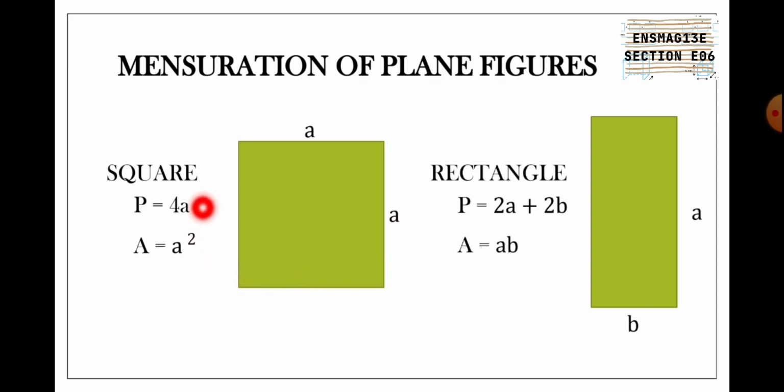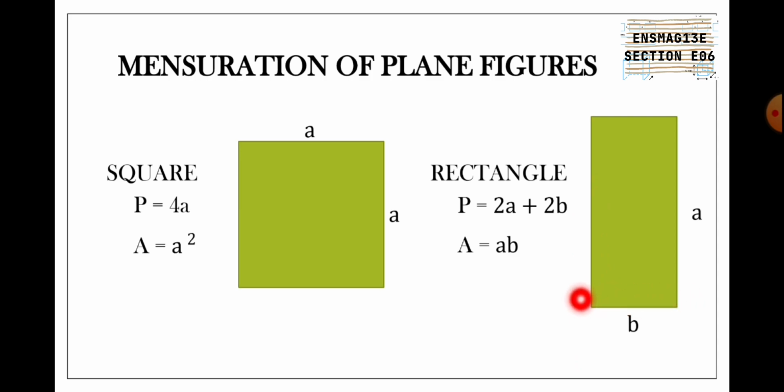Whereas your area, the capital letter A here, refers to the area of your space. So we simply multiply a by a, giving us a squared. For your rectangle, we have two pairs of parallel sides, the longer side and the shorter side.